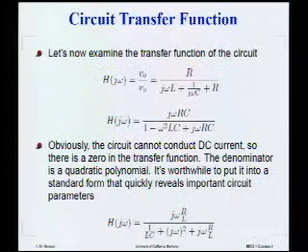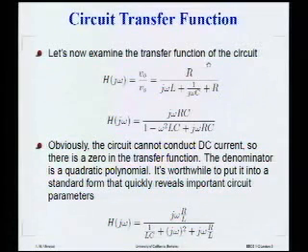Let's do a little bit of math, and hopefully soon we'll switch to pictures, because pictures actually speak much louder than words here when we're talking about resonance. We can also, in addition to looking at the current in the circuit, think of this as a transfer function, right?